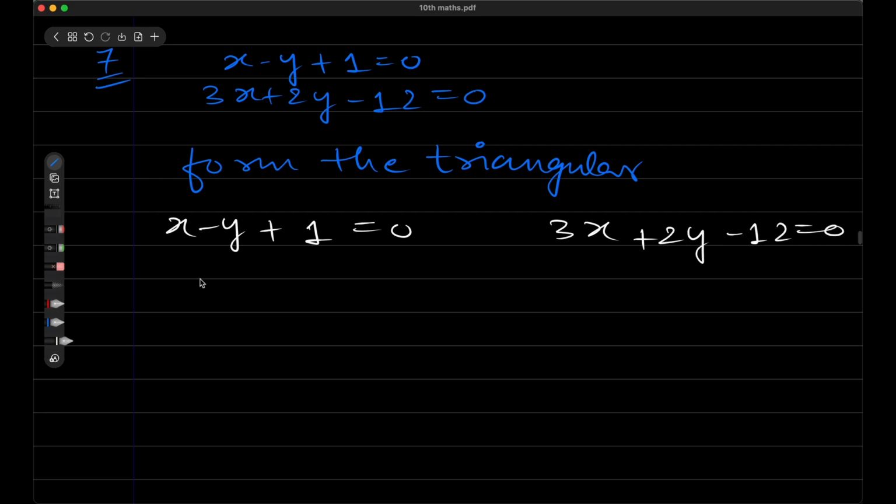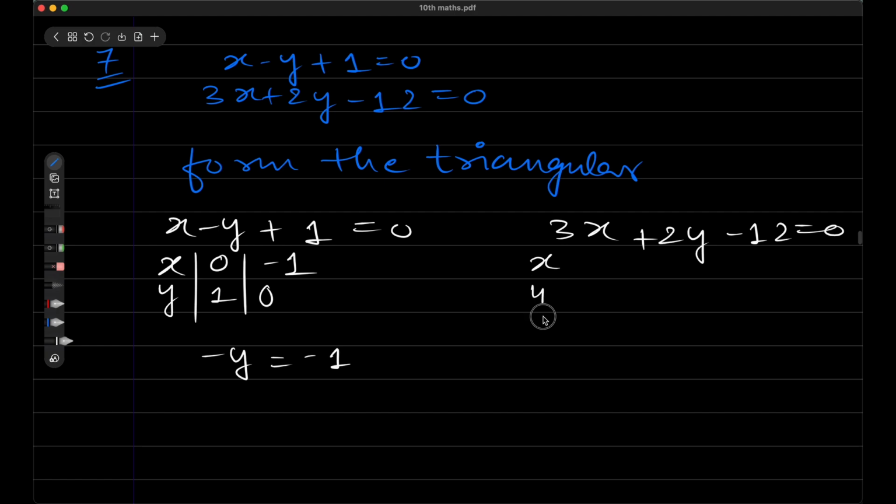To plot the lines on the graph, we need at least 2 points. If we put x equals 0, minus y equals minus 1, we have y equals 1. If we put y equals 0, we will get x equals minus 1. For the second line, if we put x equals 0, we have 2y equals 12 and y equals 6.